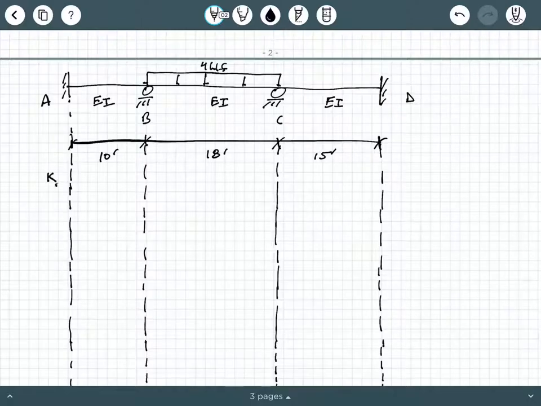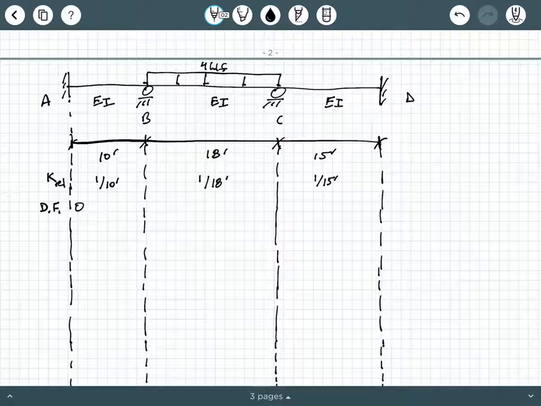So I like to go ahead and put in my K values. I'm just going to use K relative values just to make my life easier. So it's 1 over 10 feet, 1 over 18 feet, and 1 over 15 feet. And then I can put my distribution factors here. So we had a 0 here.